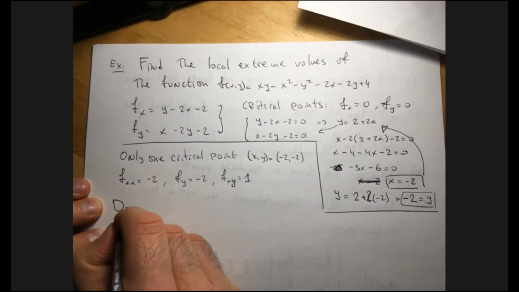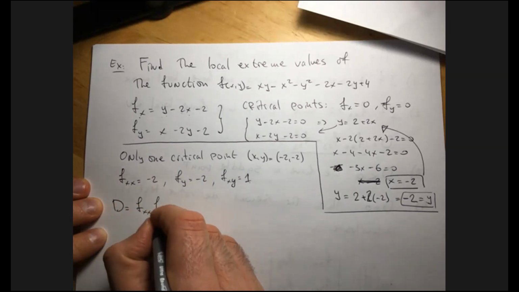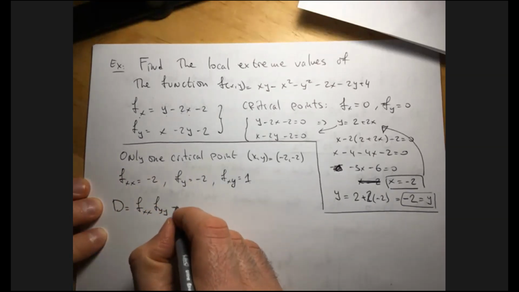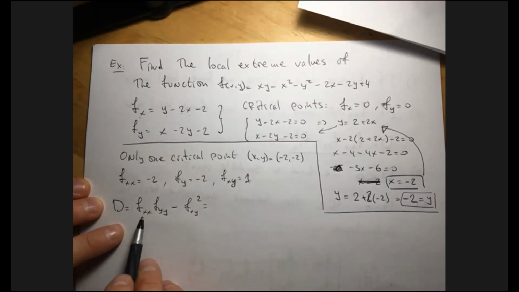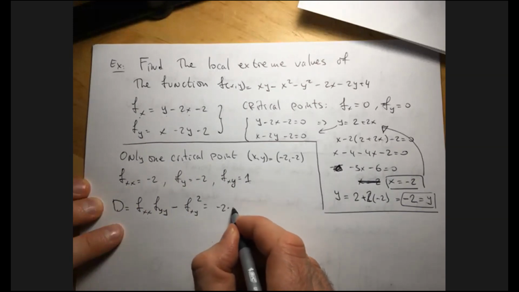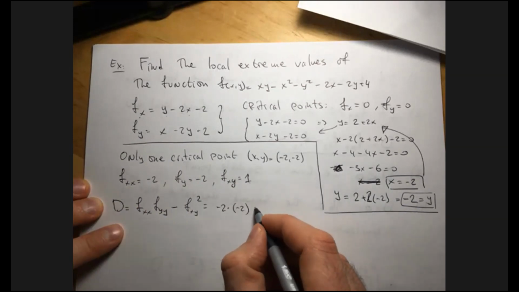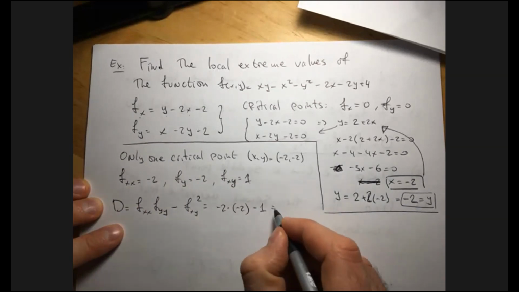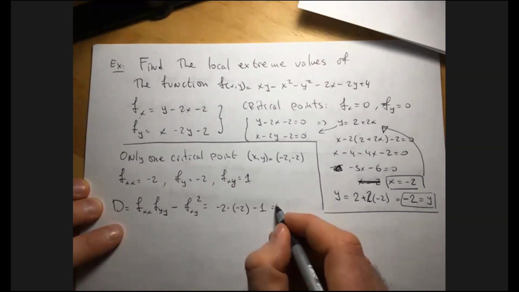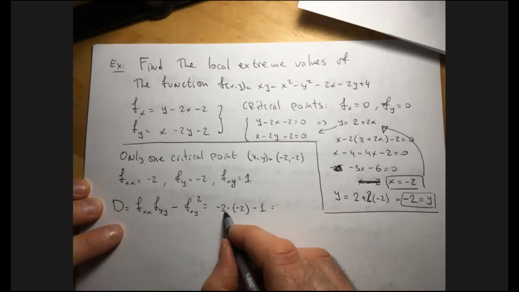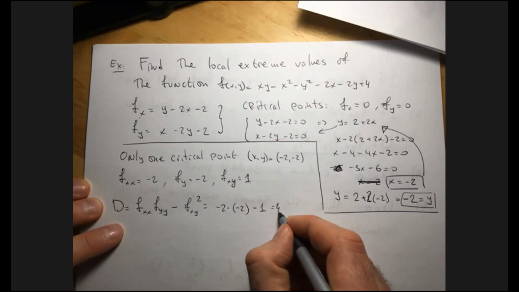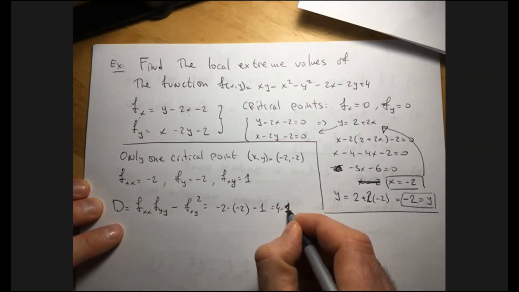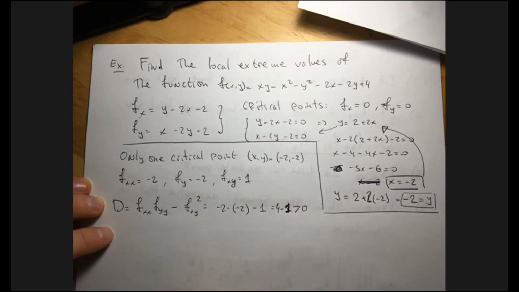Okay, so the discriminant is equal to negative 2 times negative 2 minus 1 squared, which is greater than 0. Negative 2 times negative 2 is 4, minus 1 is greater than 0.